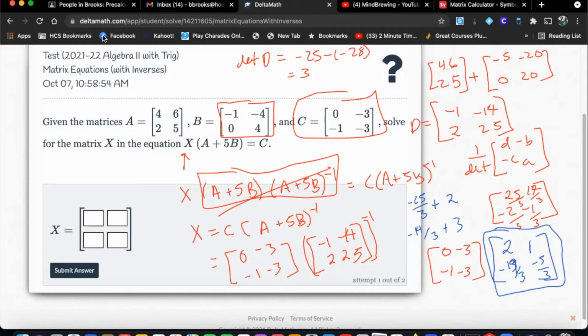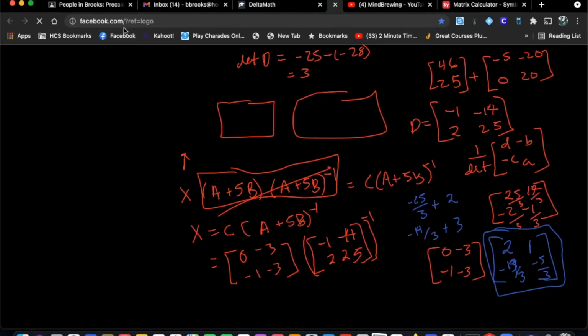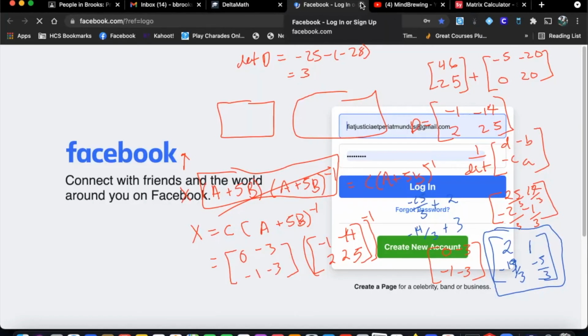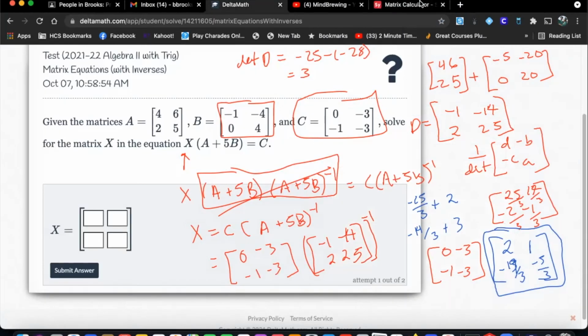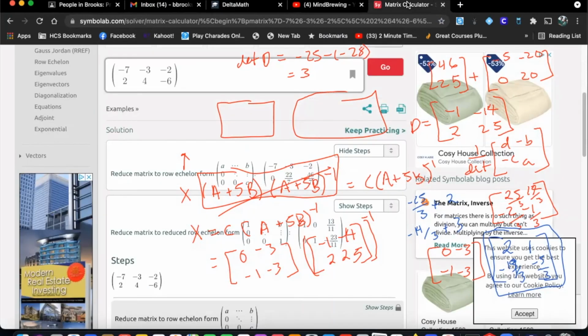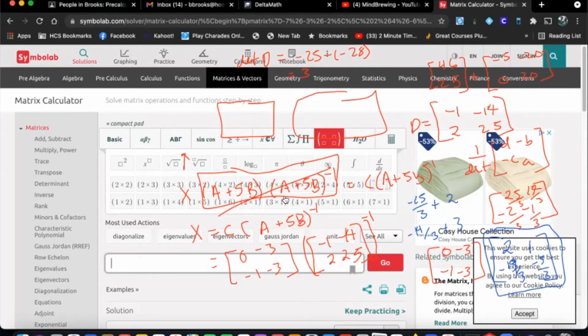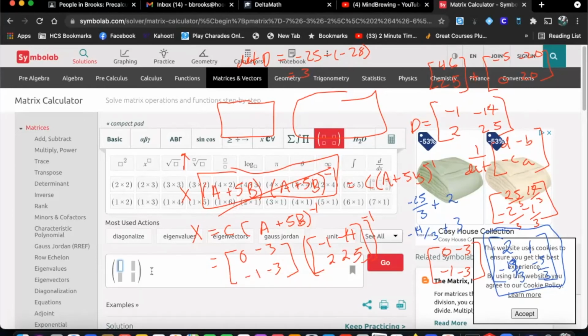Go to the matrix calculator. I'm going to multiply my 2 matrices that I had. I promise I'll get all this stuff off the screen.